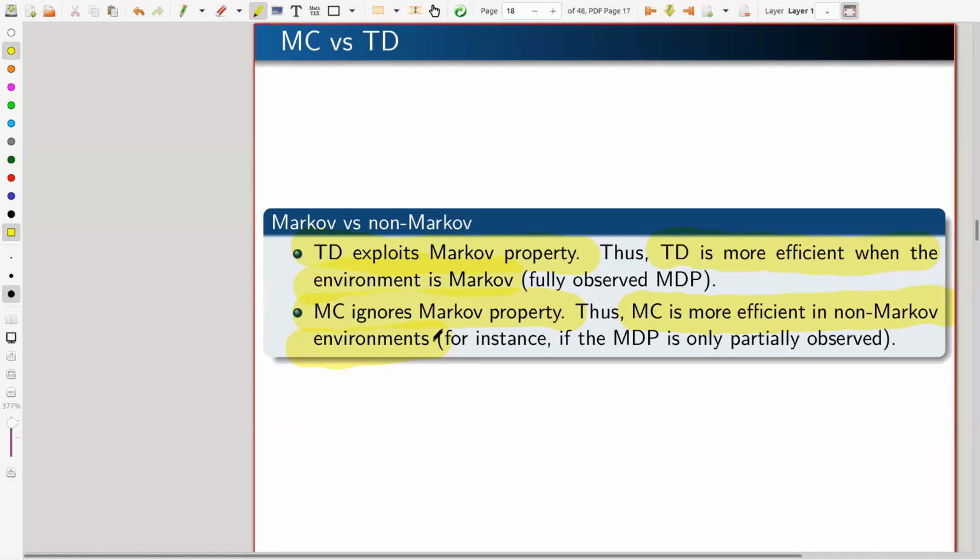Maybe the underlying environment is Markov, but if you can't get every feature of the underlying states, only a partial observation of the state, then you end up with a non-Markov observation. I don't know if this is clear, but just get the intuition. Okay.